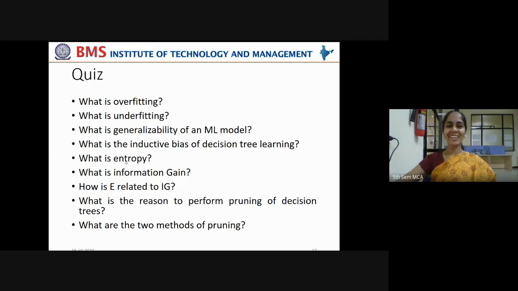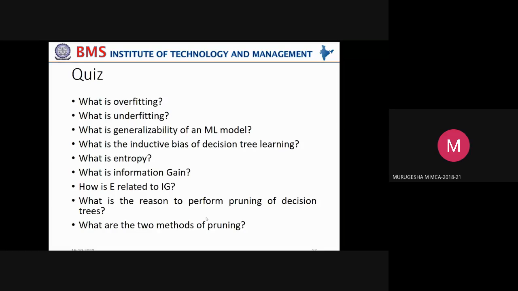Answer quickly. What are the two methods of pruning? At least this you answer, please. What are the two methods of pruning? Reduced error pruning and the other one? Rule post pruning.